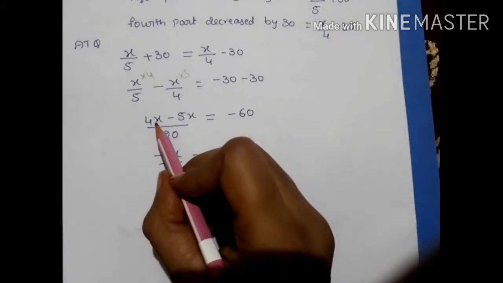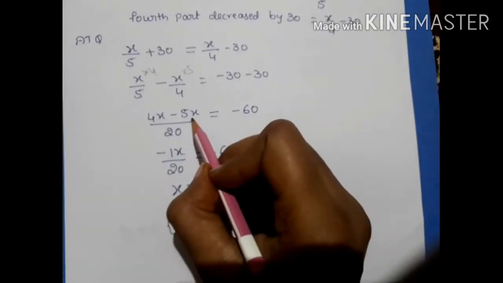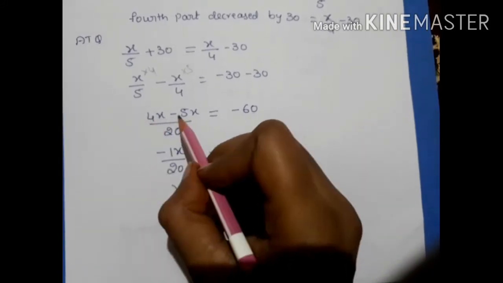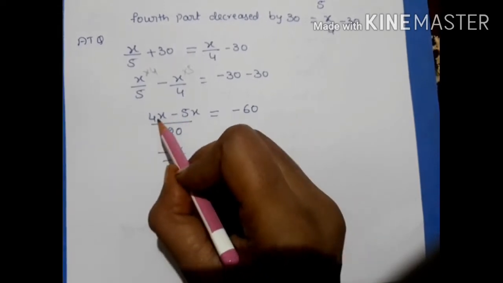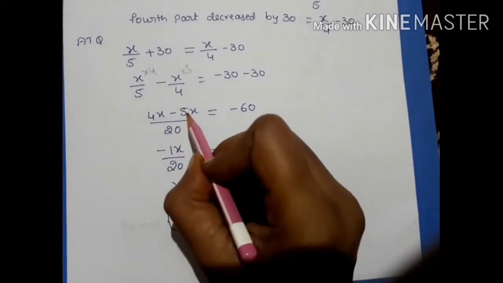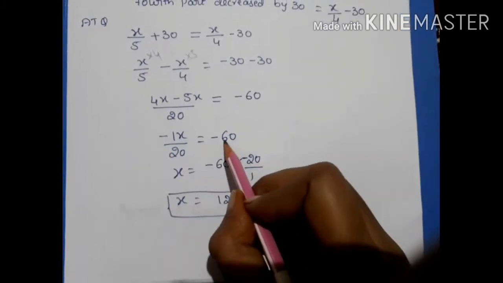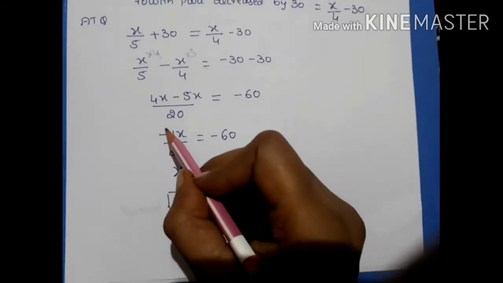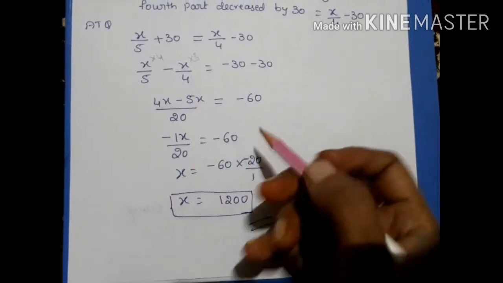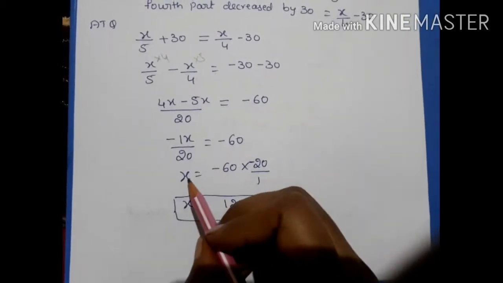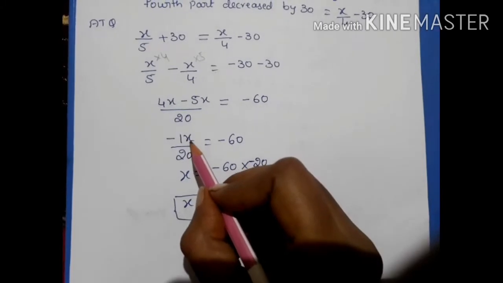Next, 4x minus 5x gives, greater number sign minus, 5x minus 4x is 1x, so minus x divided by 20, write as it is, equals minus 60. Minus minus you can cancel here only, or in the next step you can multiply and keep as plus. Now only you want x value.